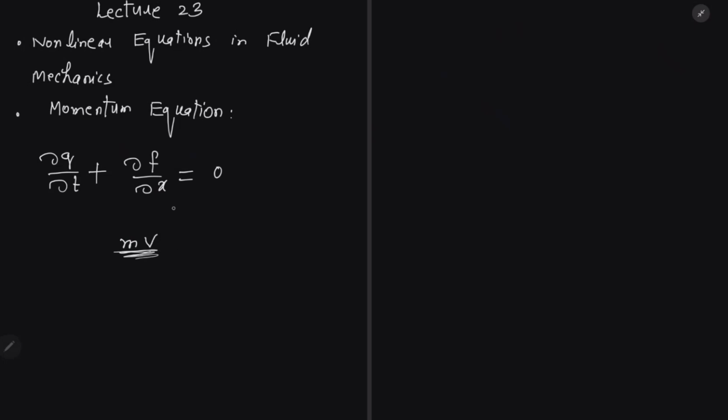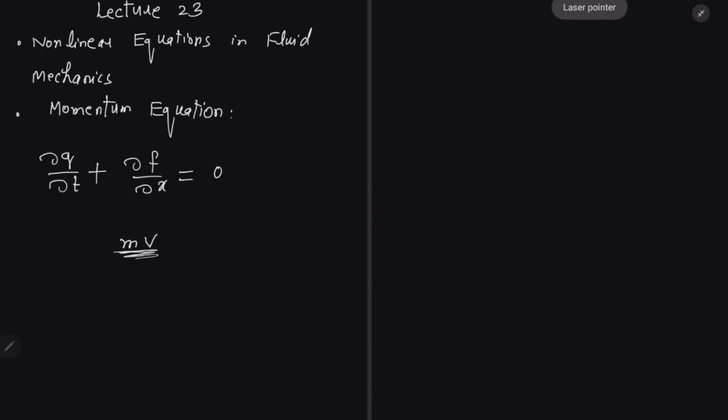But the problem is, in fluid mechanics we talk about volume. In fluid mechanics we have a volume, and we calculate the impact of momentum on that volume. From there we get the equation. So we need to introduce the volume here as well.